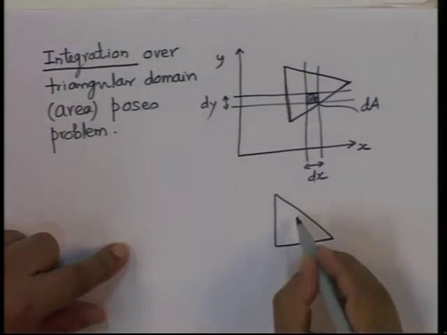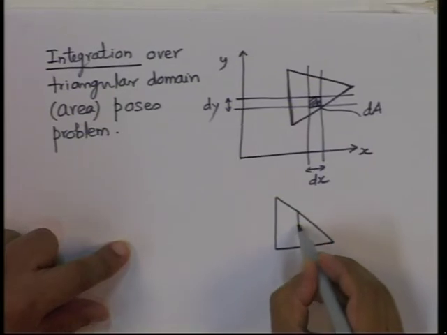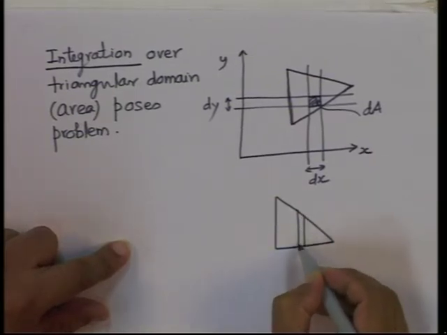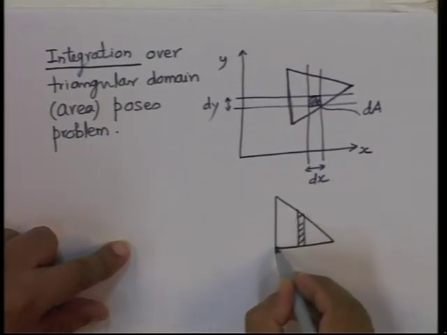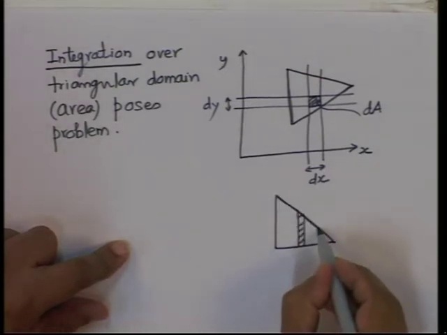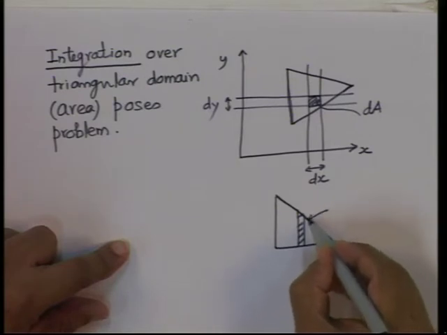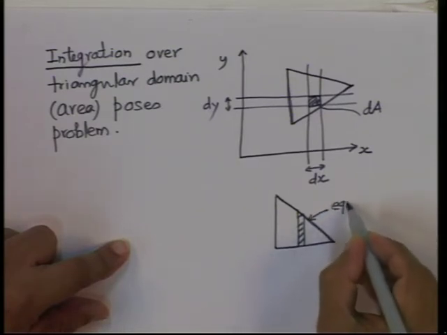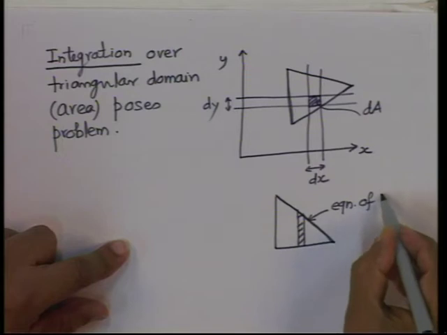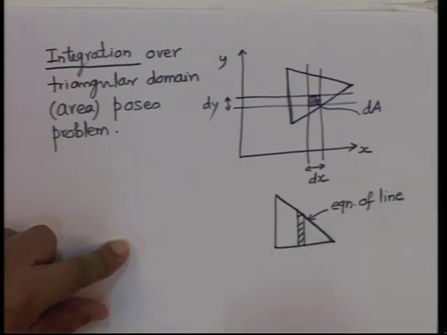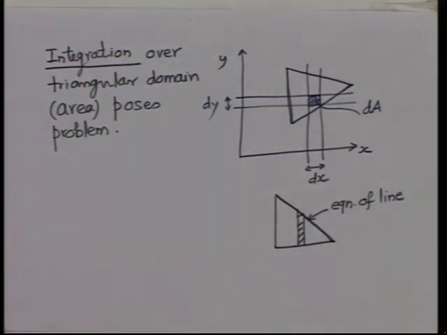In that case, this area can be moved from this point to this point, but you have to state the equation of this line and ensure that it always remains within the equation of the line. Then only can we find the area.